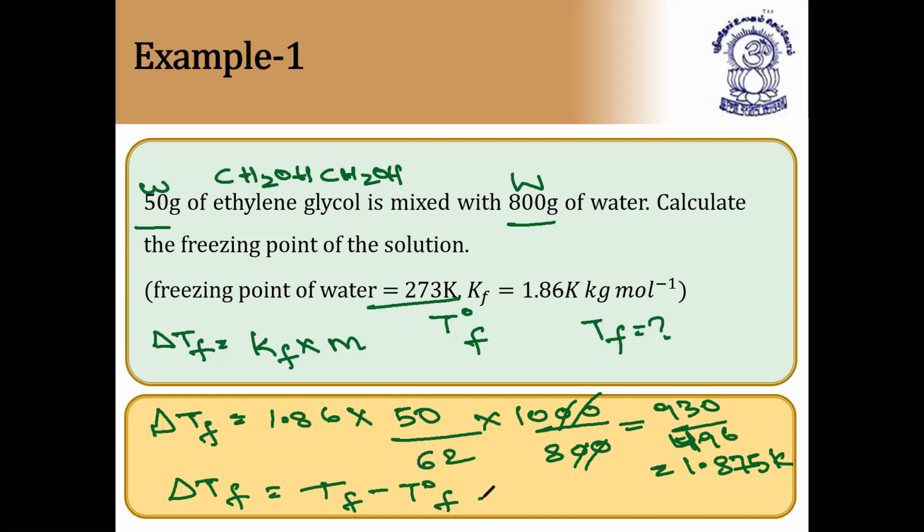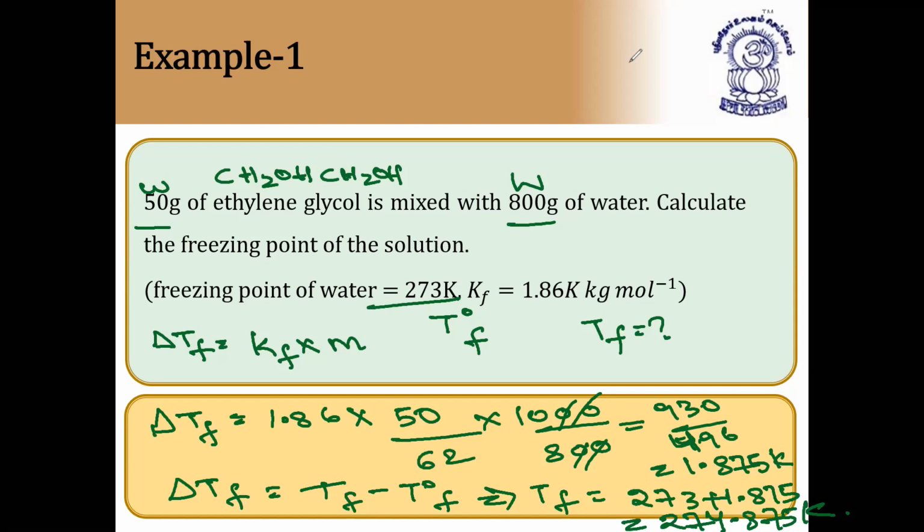Tf is equal to T°f plus, that is 273 plus 1.875. So it is 274.875, 274.875 kelvins. I hope this is clear now.